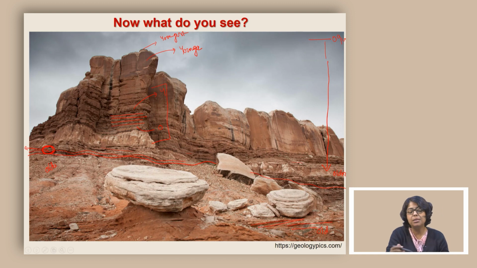So, every place you look at, it will maintain this relationship that the part which is above is going to be younger than the part which is below that. Now, this is what we call the law of superposition, and we also saw that if things are not disturbed, then it is also going to maintain the horizontality and continuity. We do not really see major breaks in between.